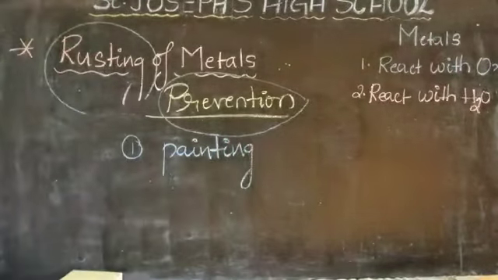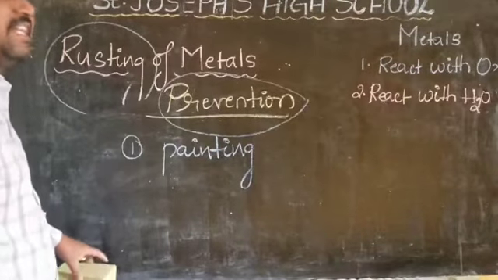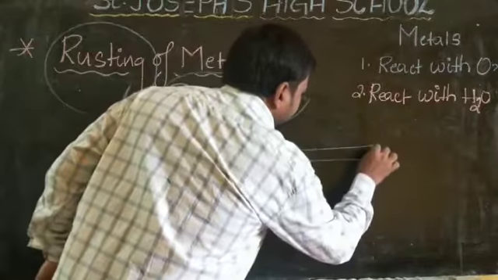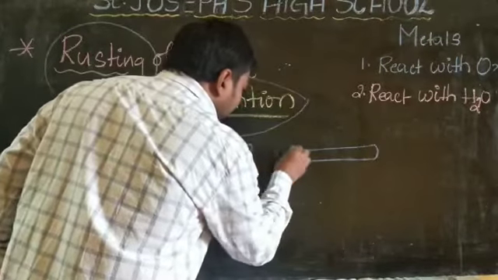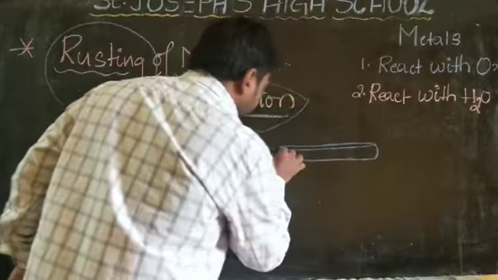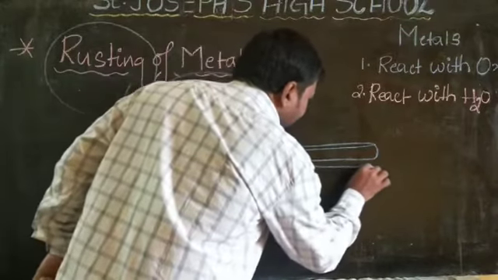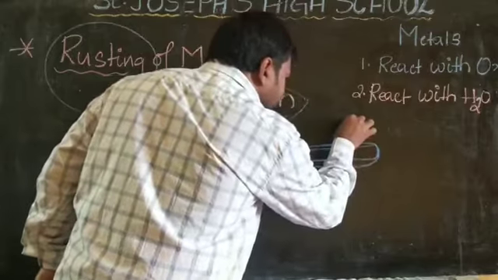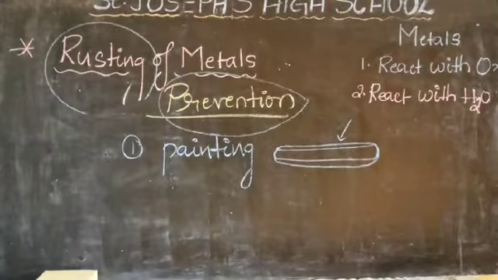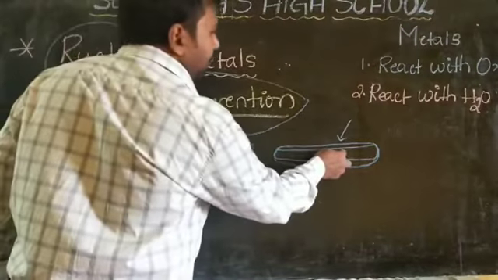Sir, when you paint, why will the metal not rust? For example, this is a metal rod. On this metal rod, you painted. When you painted the metal rod, what will happen? The moisture around the metal rod cannot directly contact the metal.